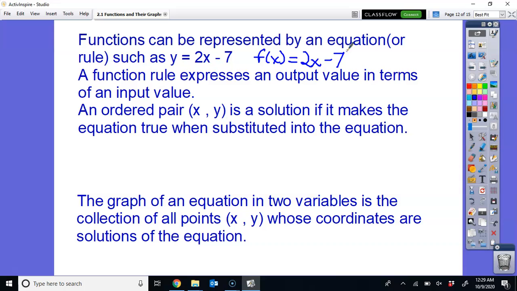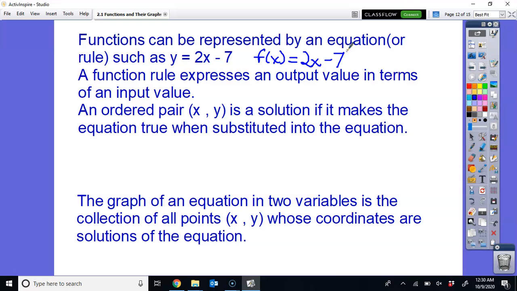It gives you x's and y's that go together. Like I said, if there was a function for that particular example of the studying in math grade, you'd plug in the study, and you'd get the output, which would be the grade. That ordered pair is a solution to the equation if it makes it work.